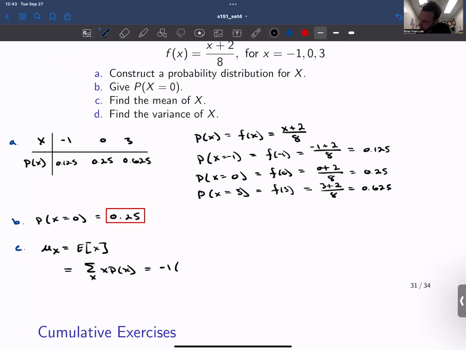So that's negative 1 times 0.125 plus 0 times 0.25 plus 3 times 0.625. This gives us negative 0.125 plus 3 times 0.625. That gives us 1.75.